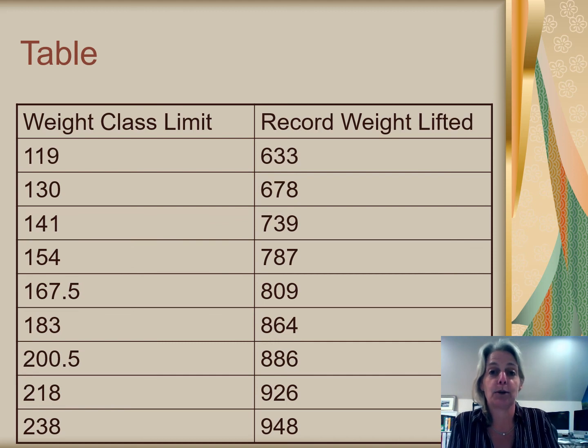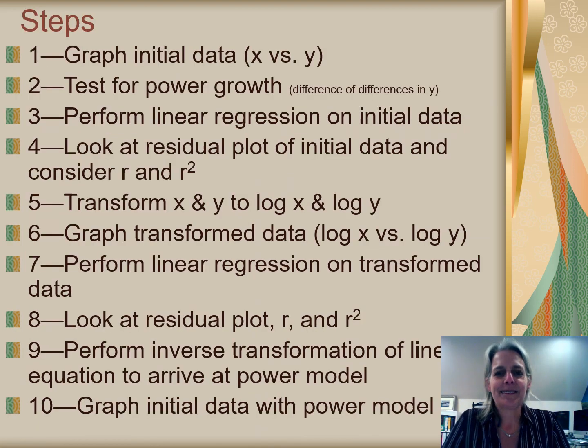And then if that's a better model, we'll do the power regression to get the actual equation from our calculator. So similar to the exponential steps, we have several steps here. The only difference is now we're going to take the log of both x and the log of y and work with transformed data in our list 3 and our list 4.